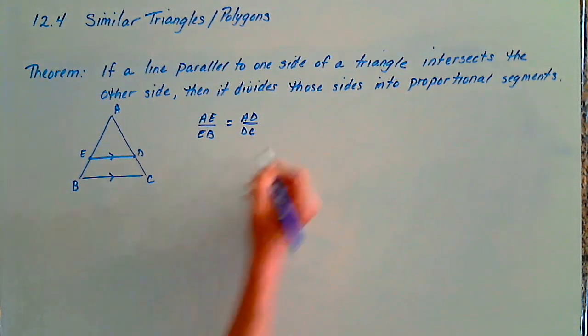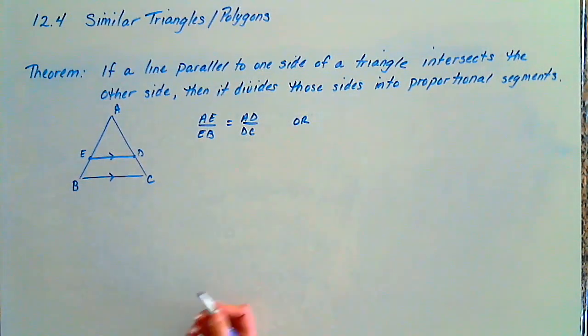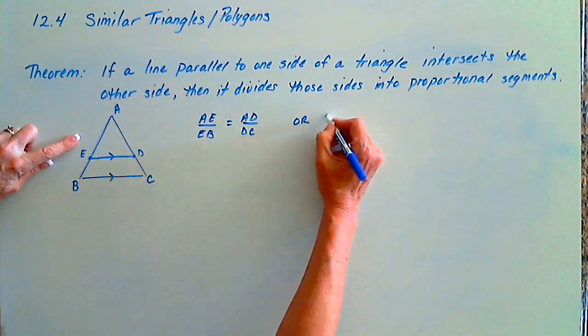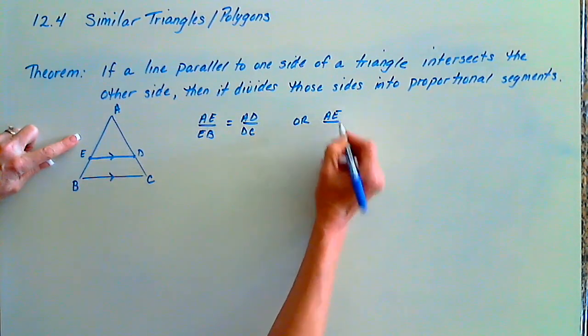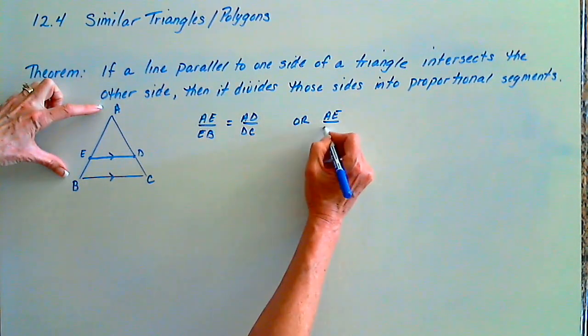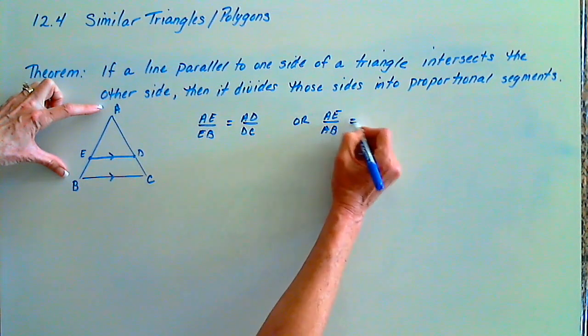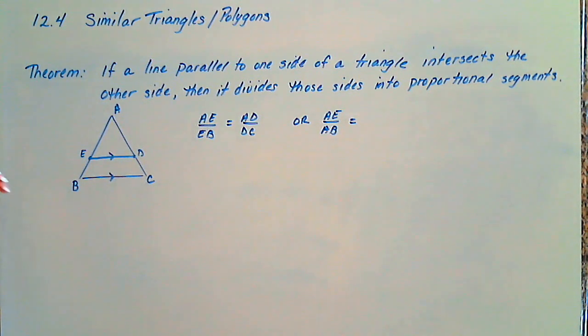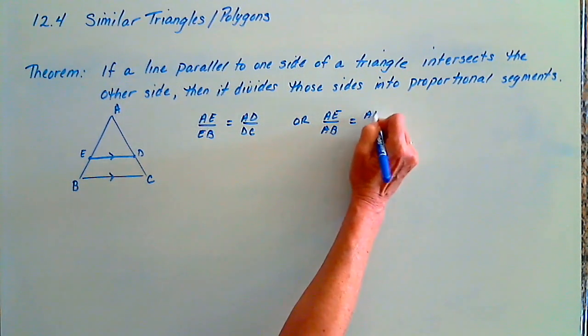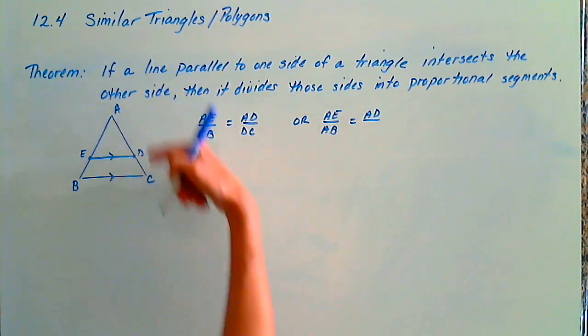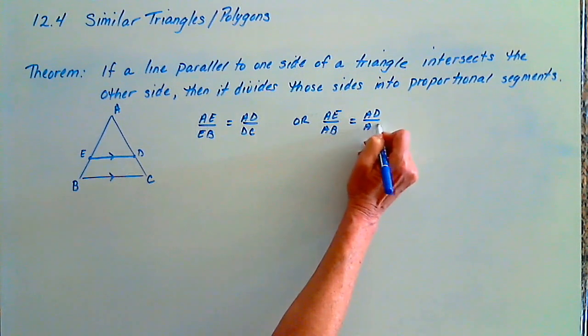Or you could also say, if you prefer, you could look at just the left side versus the right side. You can say side AE is to the total length of AB as, you can do the same proportions on the other side, AD would therefore be proportional to the total length of AC.